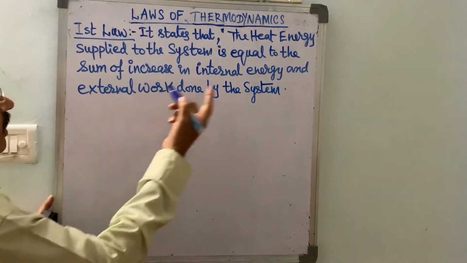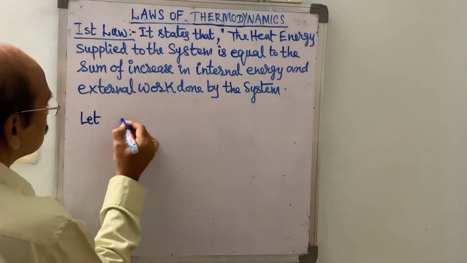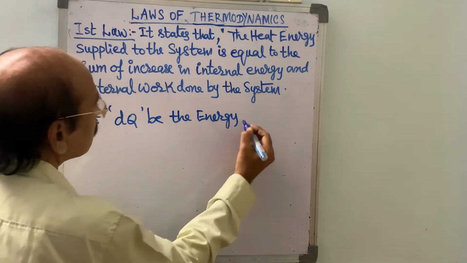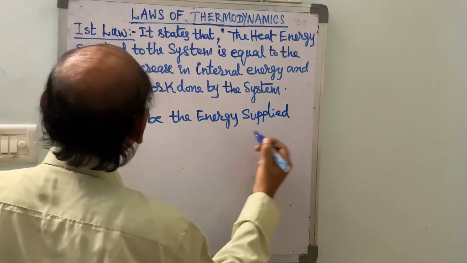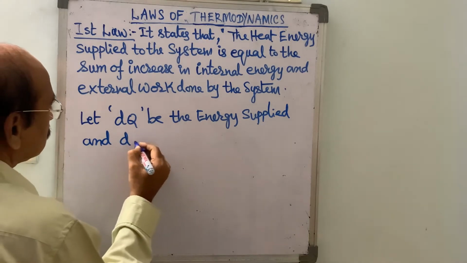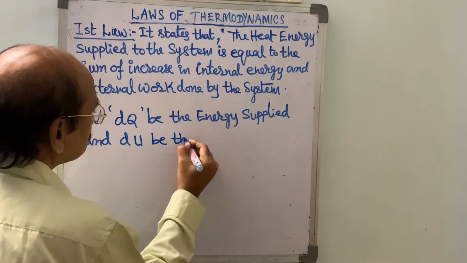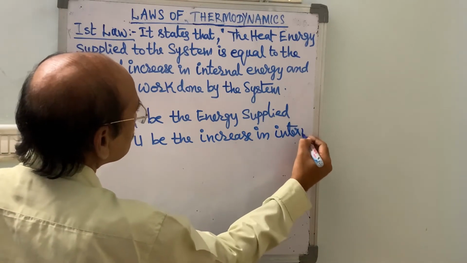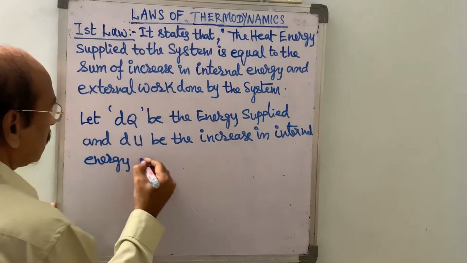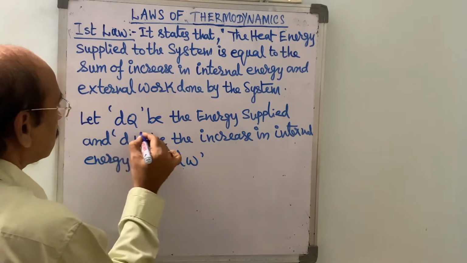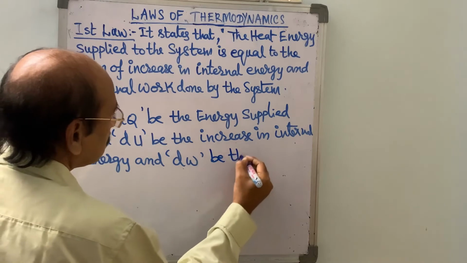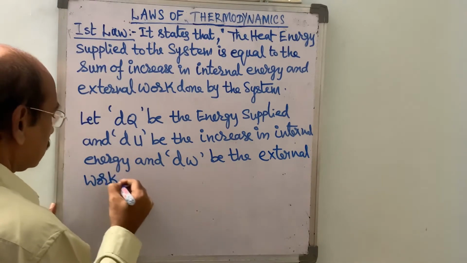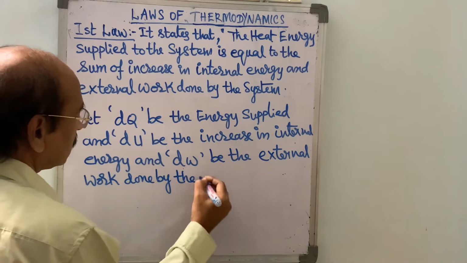Therefore, from the first law, let dq be the energy supplied, du be the increase in internal energy, and dw be the external work done by the system.